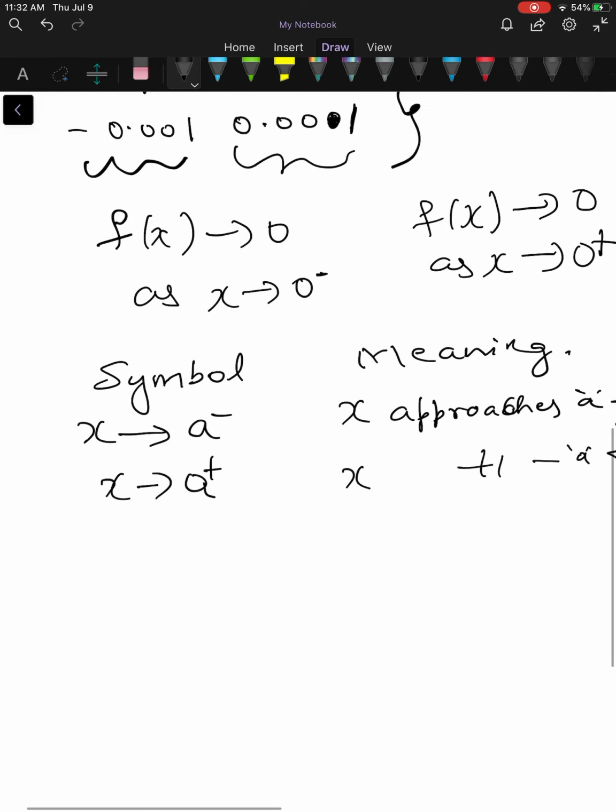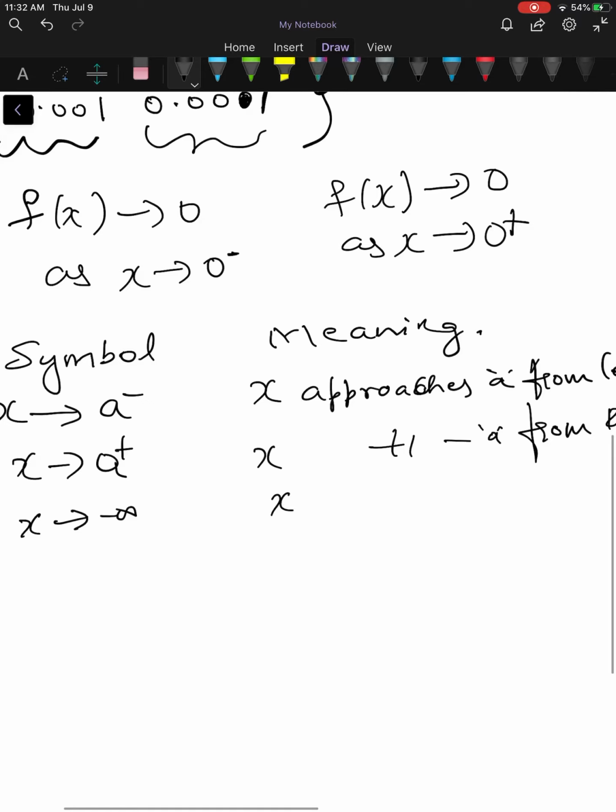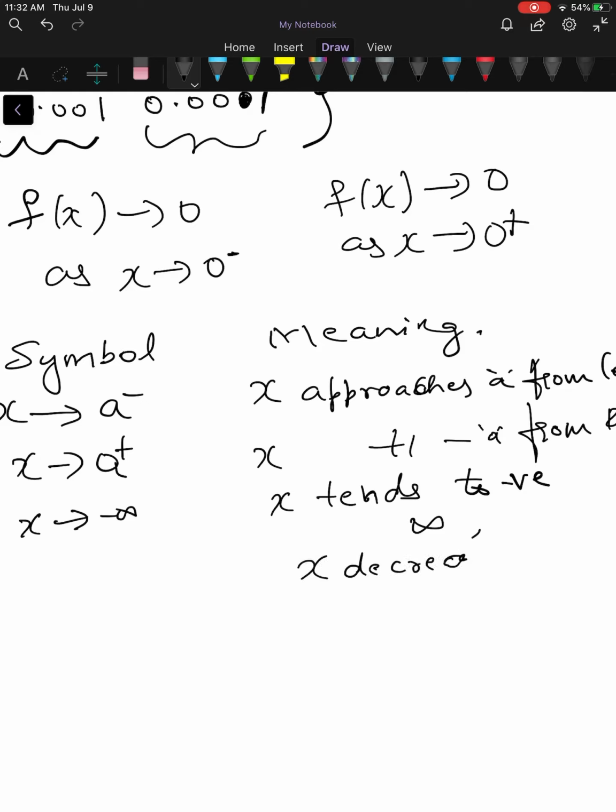And x tending to negative infinity implies that x decreases without bound.